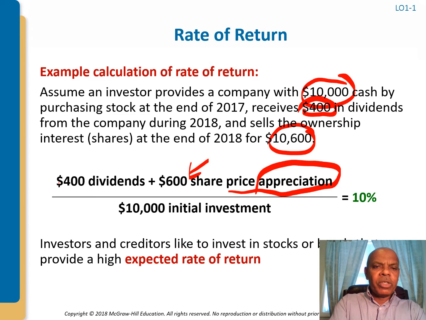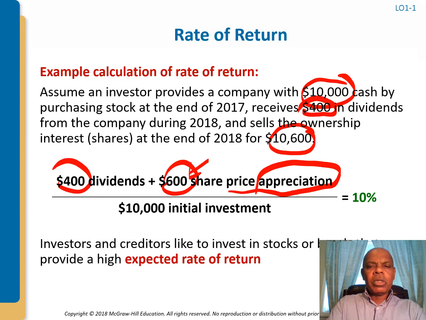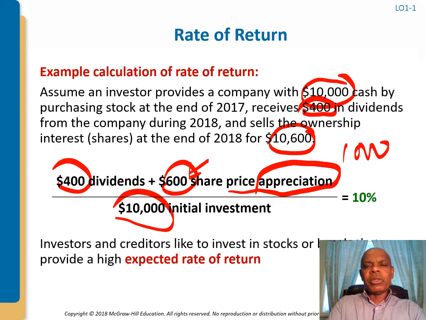So $400 in dividends plus $600 share price appreciation, you get $1,000, right? Your initial investment is $10,000. What is the rate of return? It's 10%. Okay, investors and creditors like to invest in stocks that provide a high expected rate of return.